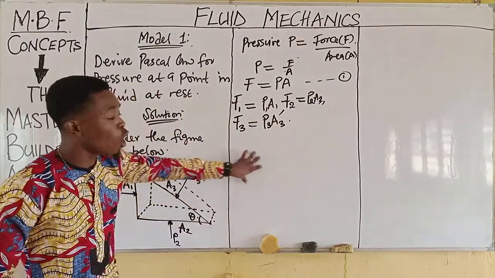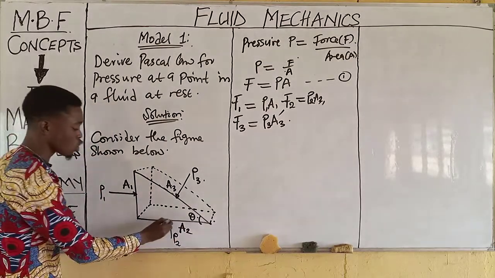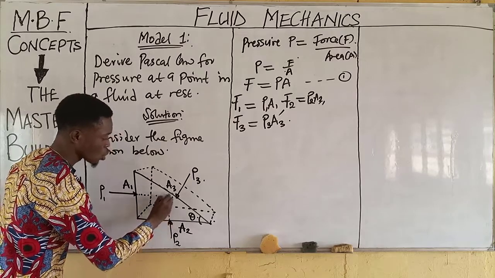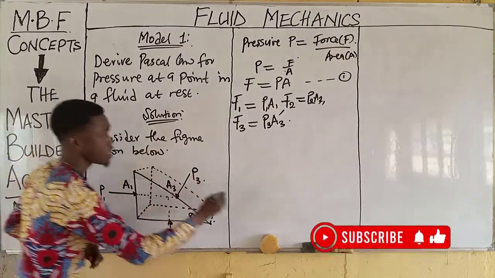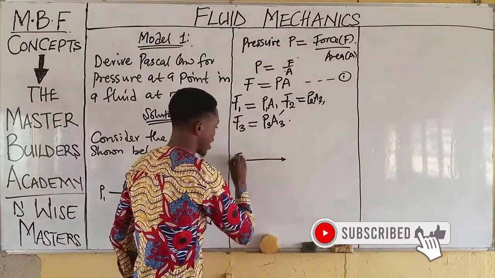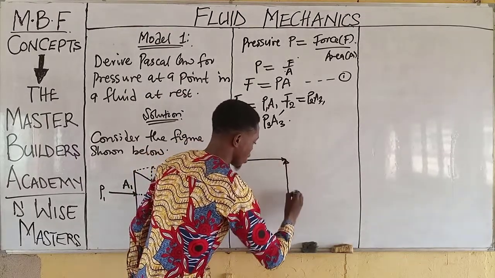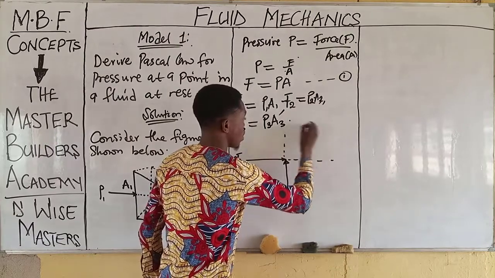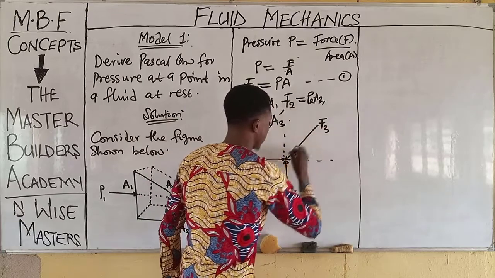Now we can resolve these forces. To resolve these forces, all we need to do is extend the line of action of these forces so that they act at a point. When we extend the lines of action, we will have something in this nature: F1, F2, then F3.